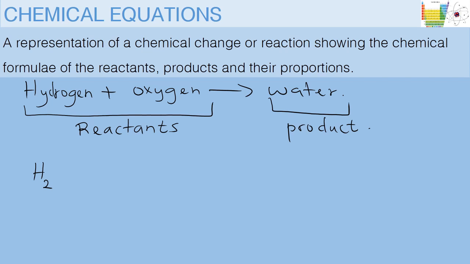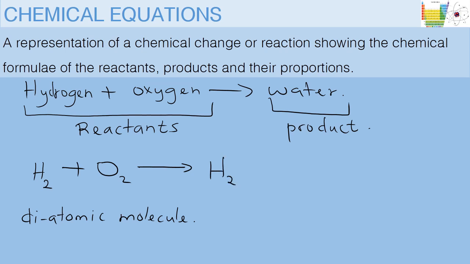However, we do not just write the symbol H because hydrogen gas exists in a diatomic molecule. And therefore, we add oxygen, which is O2, to give us water that we already know how to write as H2O.